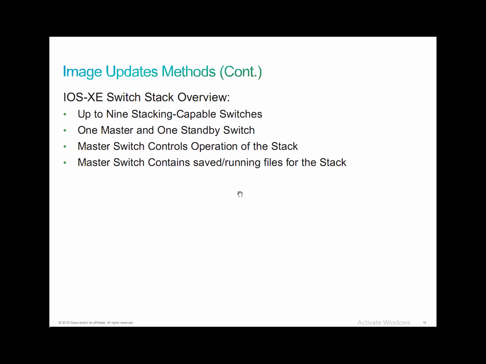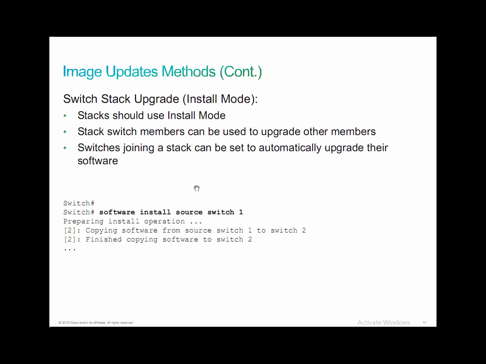Now, if you're installing software in the stack, going through the process of upgrading the software for your wireless environment, or just upgrading the software for the stack, you need to make sure that all the switches are in install mode, number one. Upgrades are done with packages, and we deploy those packages on one switch.